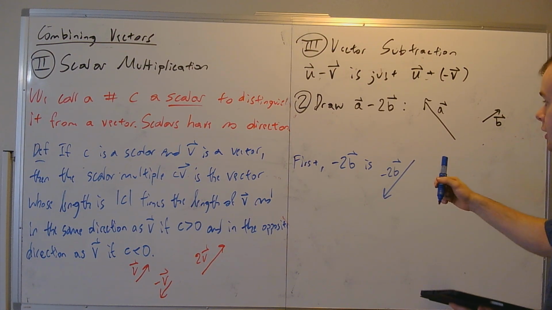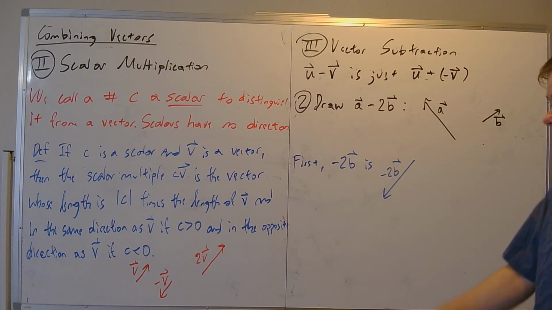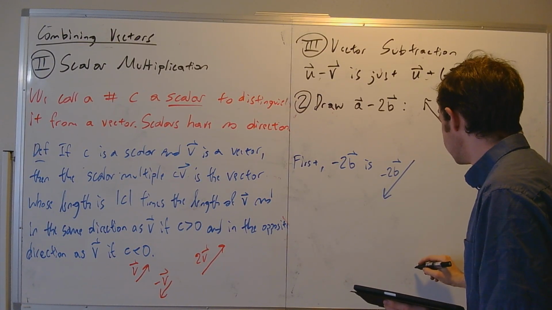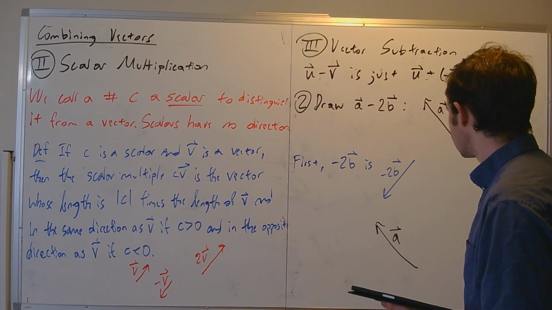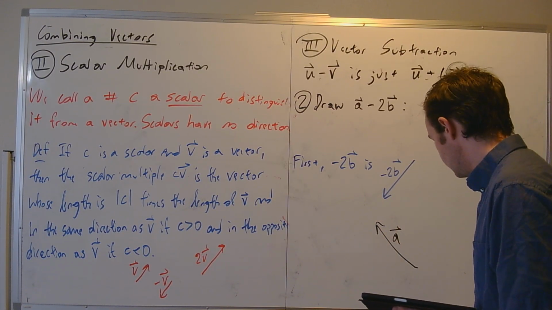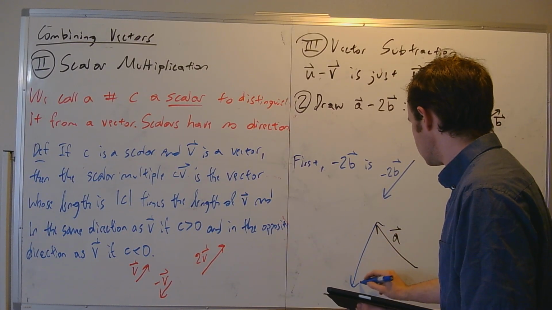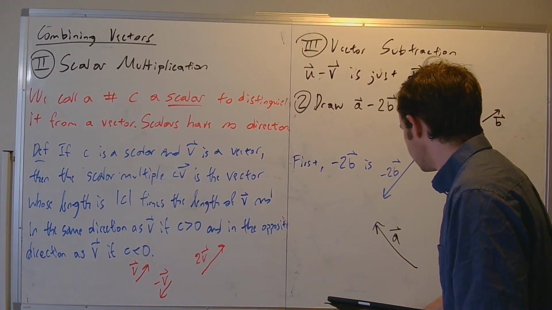Okay. Now we need to add negative 2b plus a. Right? So we draw a. If we're adding the 2, we draw a. This is our vector a that I've redrawn. And then we draw our negative 2b. This was a little bit poorly drawn. Let me redraw that.